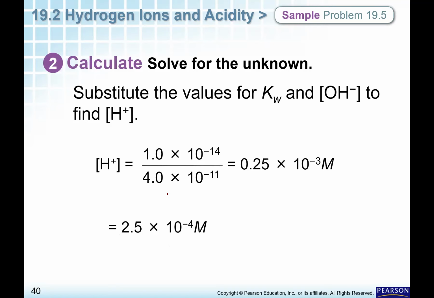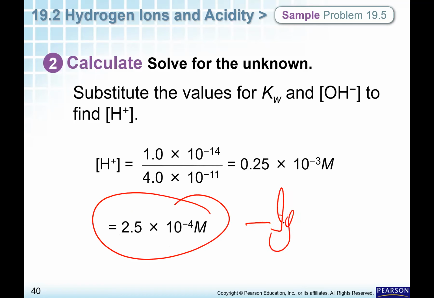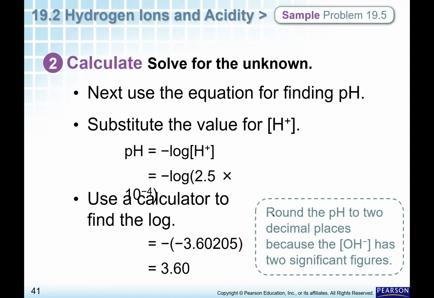And in that case, all you need to do is to use this in the negative logarithm of the concentration of H plus, and that will lead to 3.6. So either if we provide you with the H plus concentration or the OH minus concentration, you should be able to determine the pH using the KW relationship between the two.